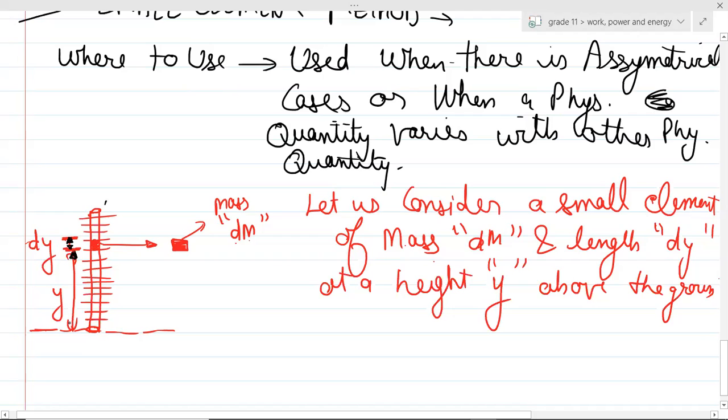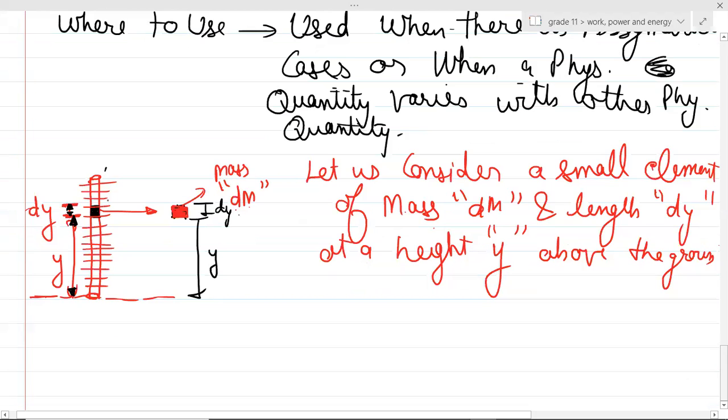It's just learnt by practicing it very much, following the same steps again and again. So basically, I have considered this small element at this height y, and the length of this element is dy.